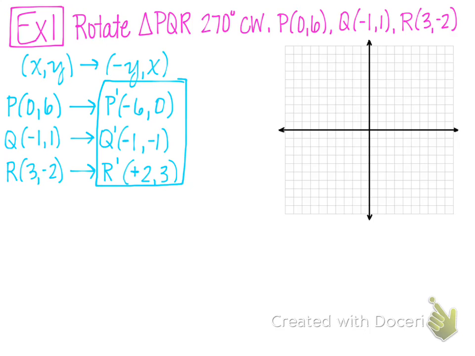So let's graph it. So initially we have (0, 6). That is P. We have (-1, 1), which is Q. And then we have (3, -2), which is R. So let's connect those points.